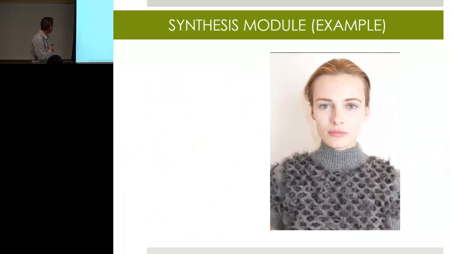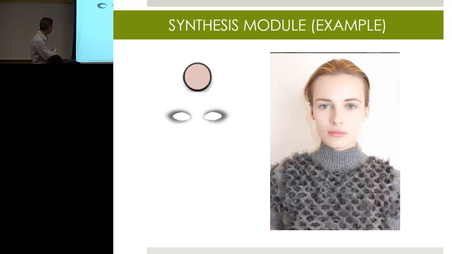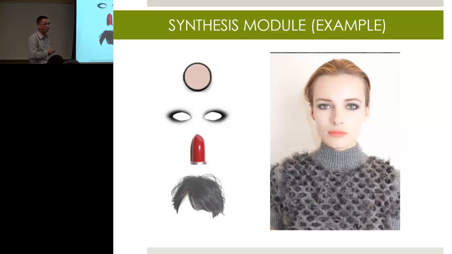For example, this is the example process. First you do the skin smoothing and then put this foundation color onto the face. Then you get this one. Then you put on eyeshadow and the corresponding color, and you get this result. Then the lipstick color, you get this result. And then the hair template, and you get this result.